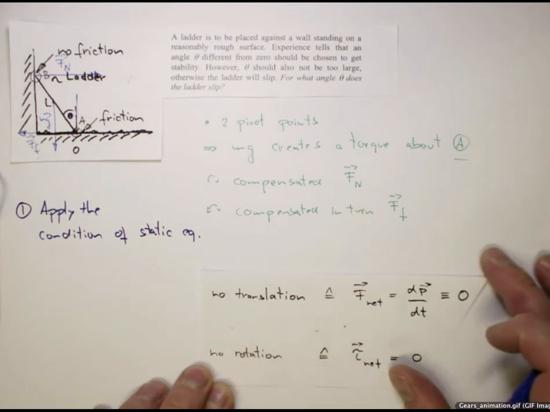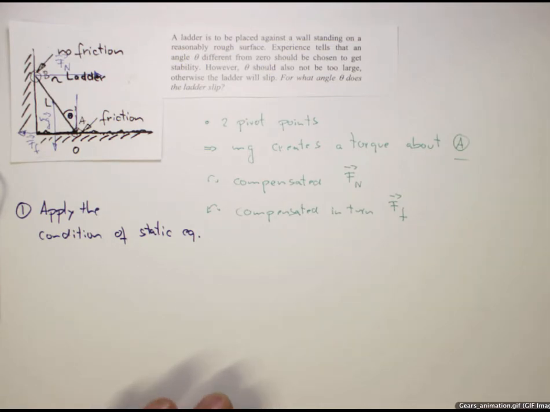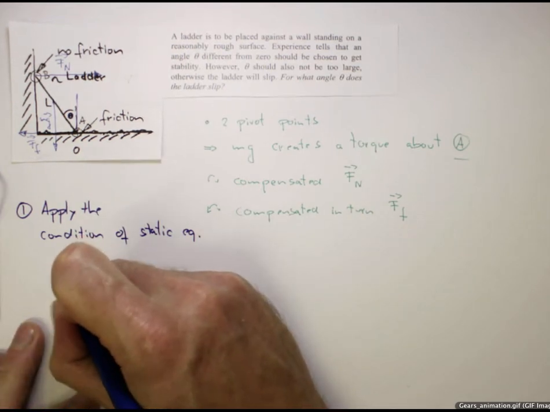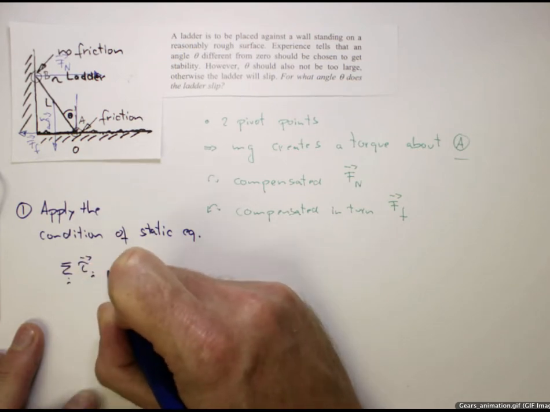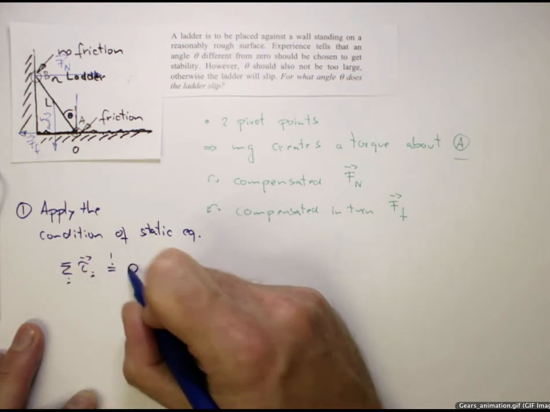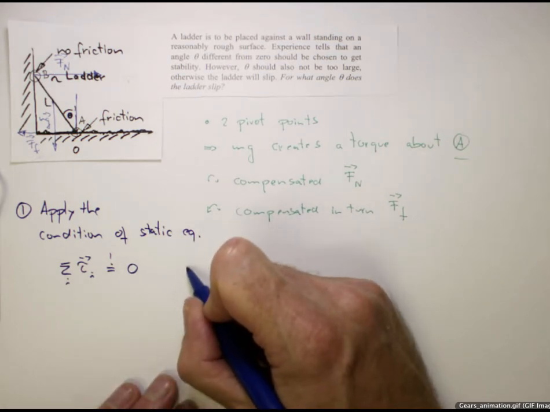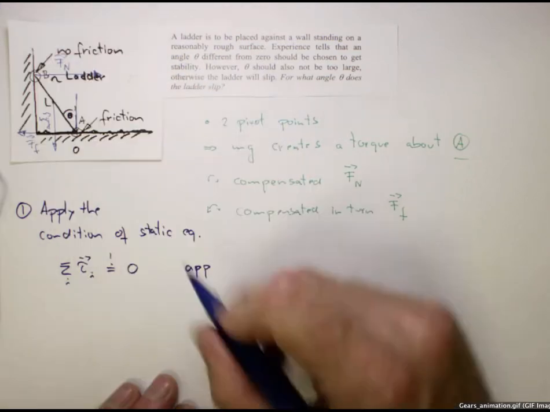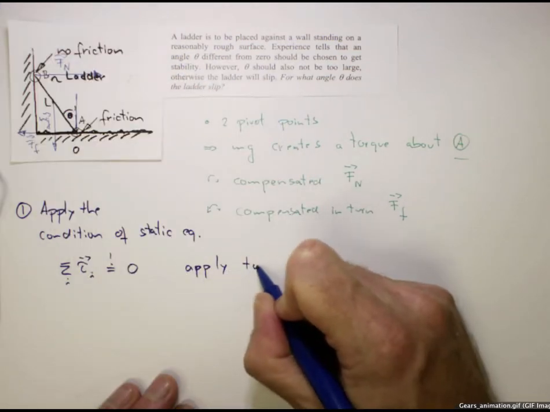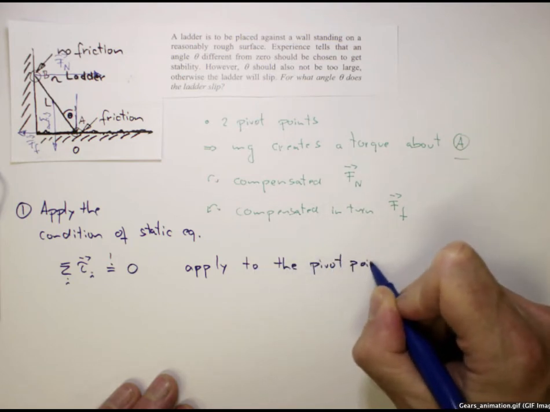No rotation is allowed if we want to require static equilibrium. So about any axis, the sum over all torques has to be required to be 0. So in our case, we might apply that to a vertical axis through A. Apply to the pivot point A.